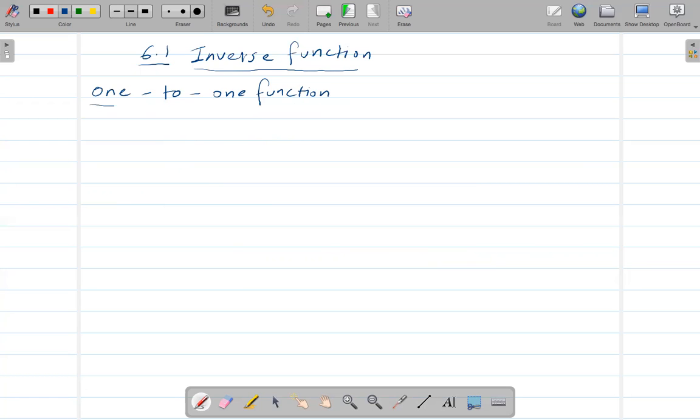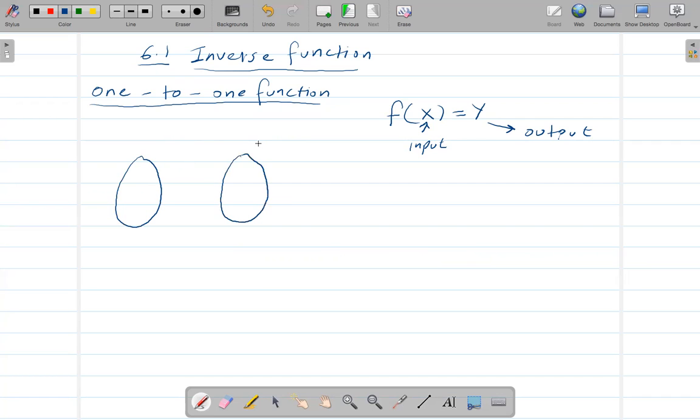So what is a one-to-one function? Let's say we have a function f of X equals Y. Here X is the input and Y is the output. Let's show this in a graph. This is X, the input, and this is Y, the output.